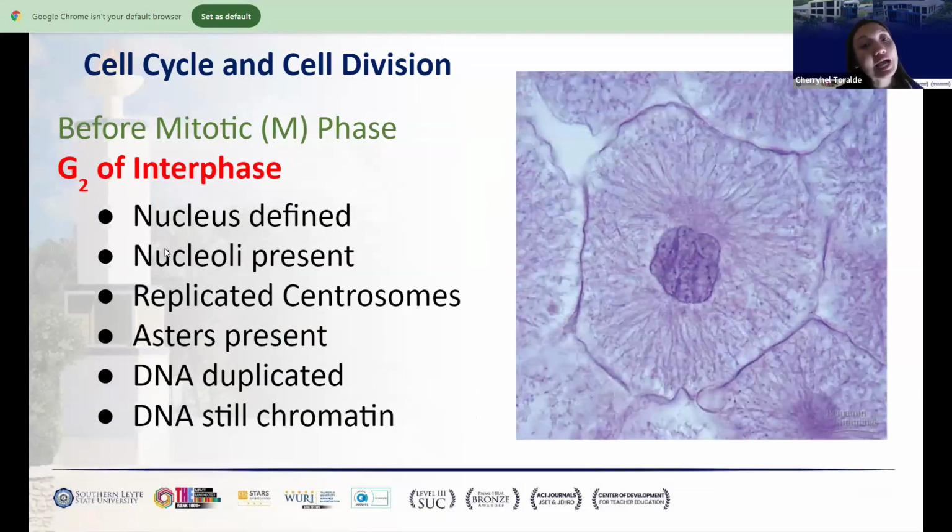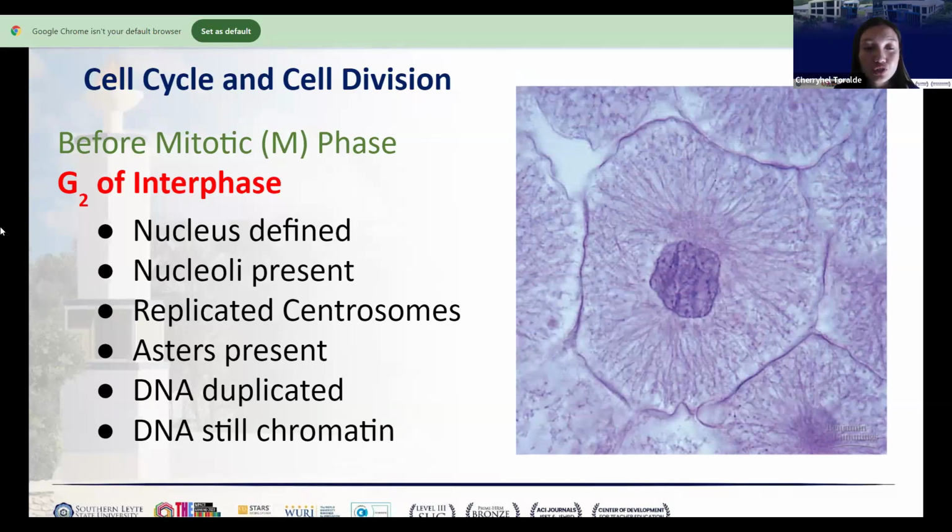Okay, so what happens before the cell gets ready to divide? Of course, in the gap2 of the interphase, the nucleus is still there. I will just point these structures para makita niyo yung difference when it enters the mitotic phase.